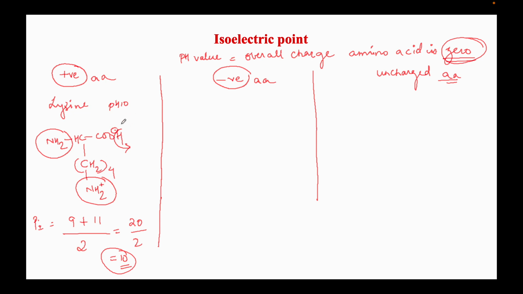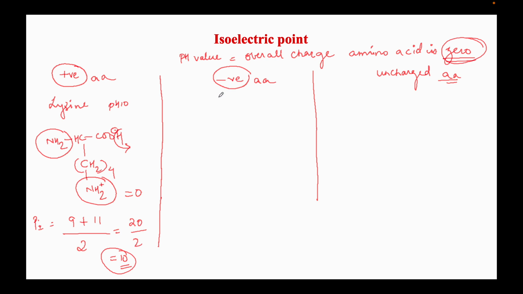So the overall charge of this amino acid is now 0. At pH 10, either this amino group can be protonated or this amino group can be protonated, and then the carboxyl has to be deprotonated to give a negative charge, so that the overall charge is balanced and is 0. So at pH 10, lysine will have a 0 overall charge.